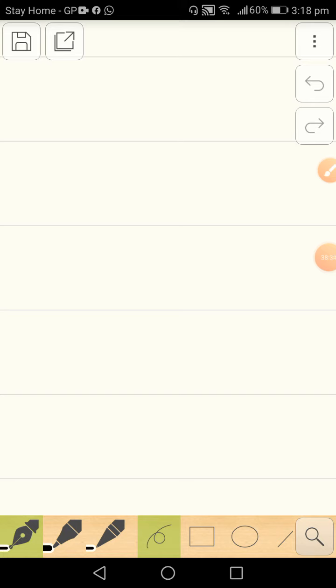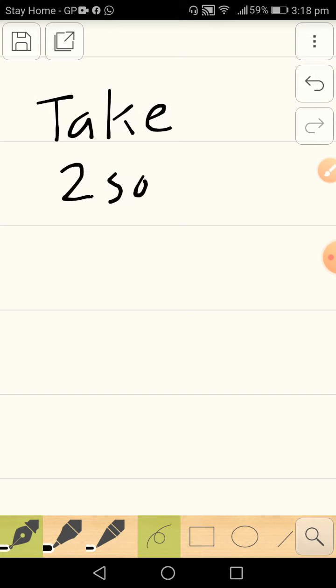Sorry. Okay, so we were just learning how to prepare insoluble salts, and preparing an insoluble salt has just one simple step. We have to take two soluble compounds to produce the insoluble compound.